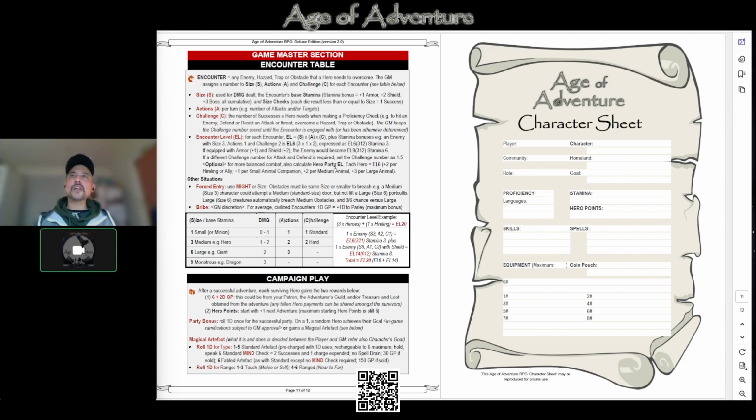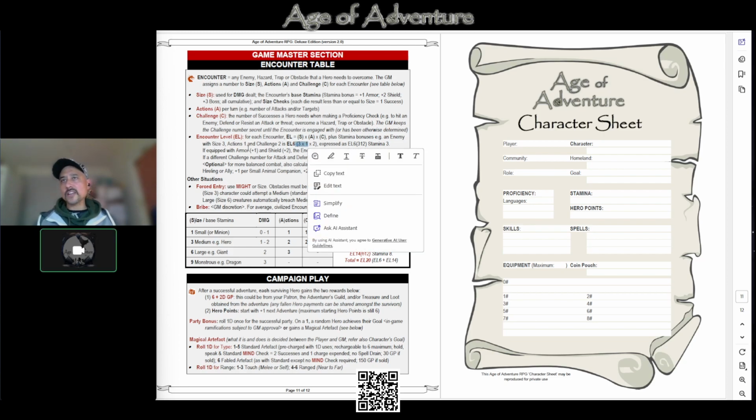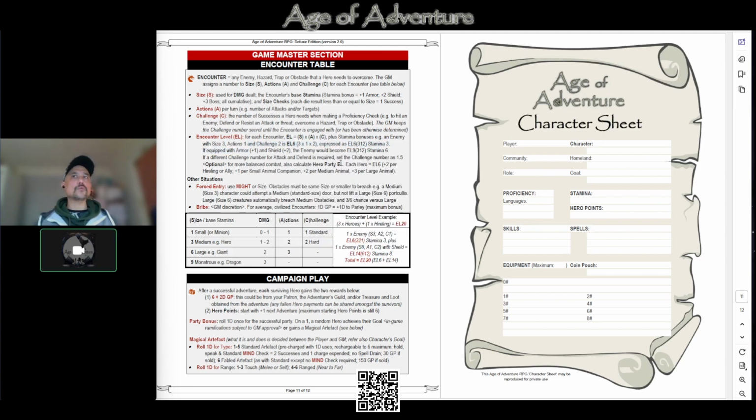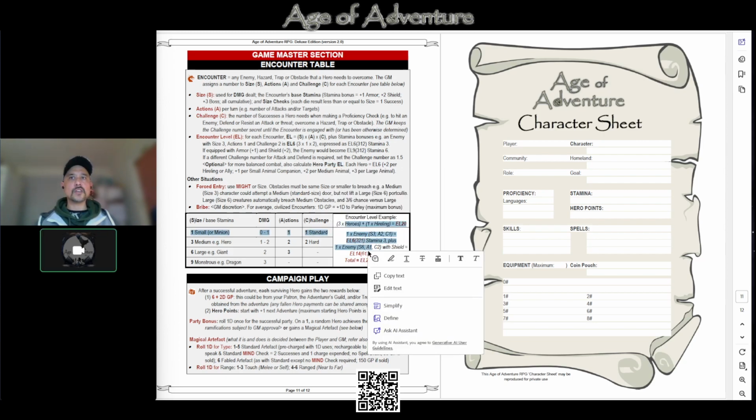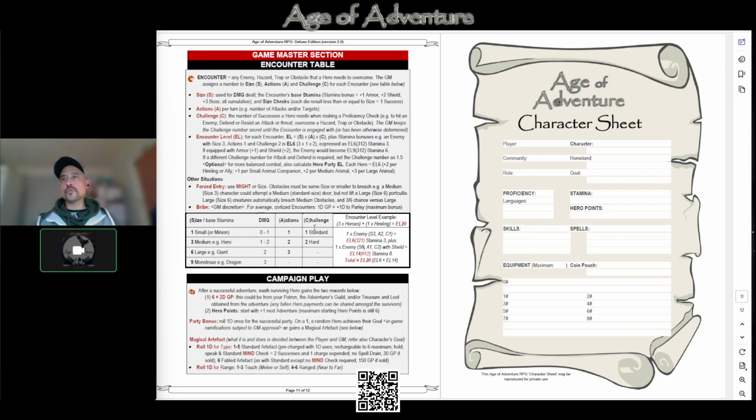You can calculate a hero party encounter level where each hero is worth 6 and then each hireling is worth 2, for example, and then you can work out what the encounter level is and make sure it's close or equal to the hero party encounter level. And that's the example I gave there. So there are rules to make encounters more balanced.